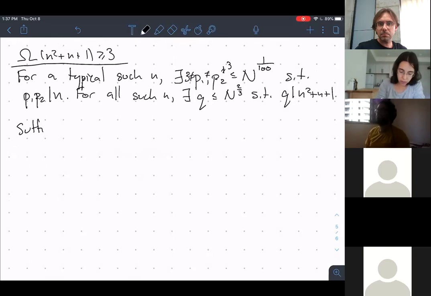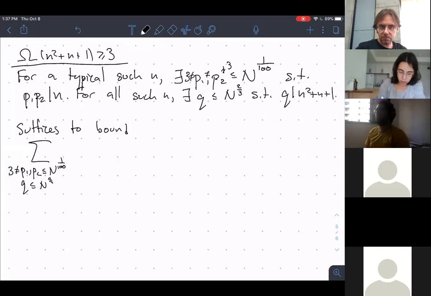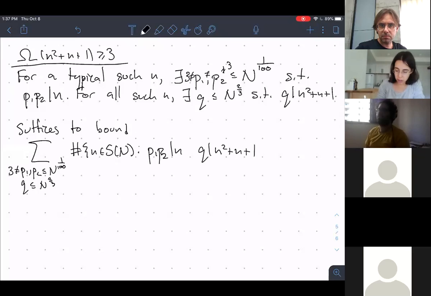So it suffices to bound the size of the number of n that are the order of a perfect difference set, such that P1 and P2 divide n, and q divides n squared plus n plus 1. And so here I've used the union bound.